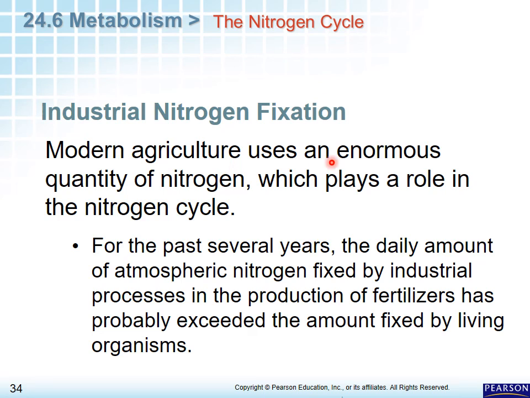Modern agriculture uses an enormous quantity of nitrogen, which plays a role in the nitrogen cycle. For the past several years, the daily amount of atmospheric nitrogen fixed by industrial processes in the production of fertilizer has probably exceeded the amount fixed by living organisms.